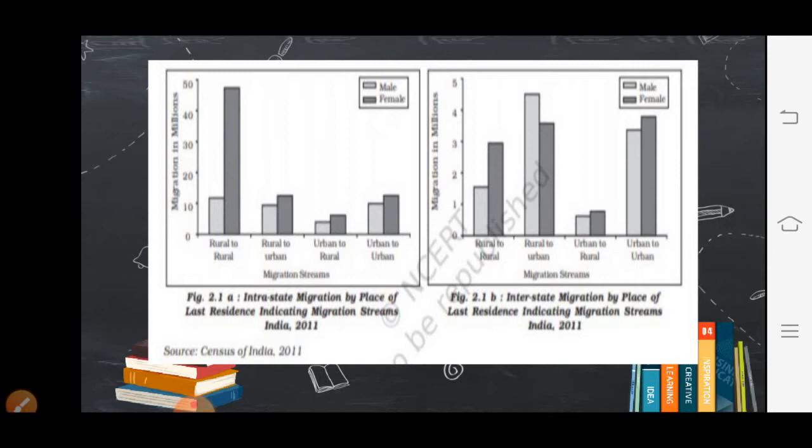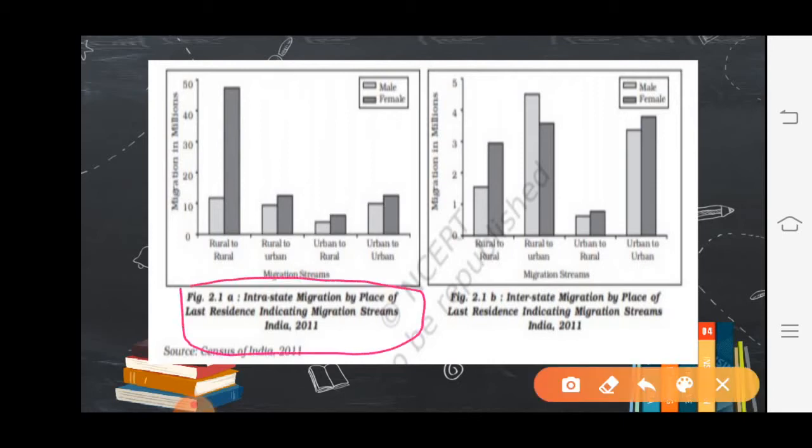That's intrastate migration. Intrastate migration has all the four streams of migration. Means migration within a state has 4 streams of migration. Similarly, interstate migration, between 2 states, also has 4 streams of migration. Now we have already seen the 4 streams of migration in the previous video.